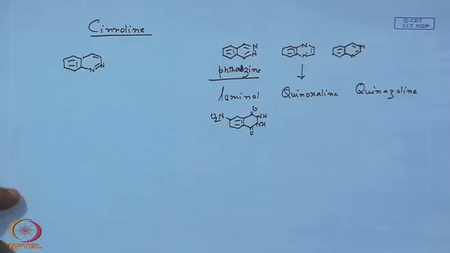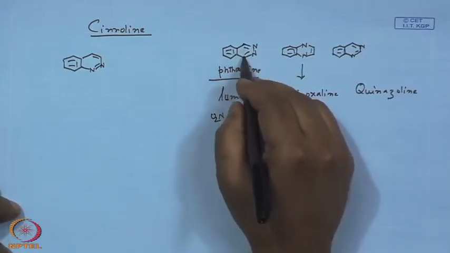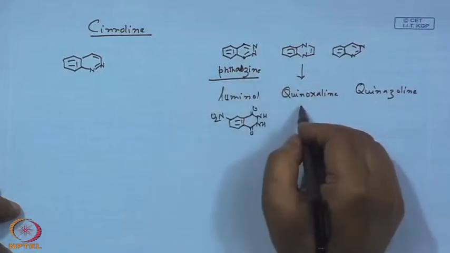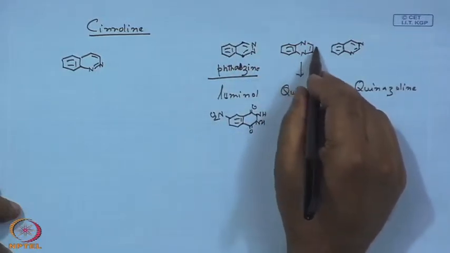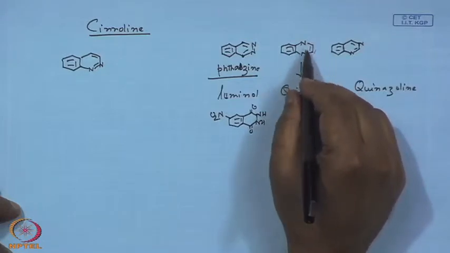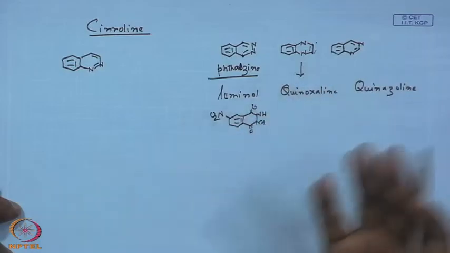Quinazoline. I do not know how to remember this one, but I can see that phthalazine has 2 carbons here like phthalic acid, and for quinoxaline, there is a way to remember. This portion comes from oxalic acid. There are these 2 carbons here. So, that way you can remember that it comes as quinoxaline. So, that ox comes from probably there.